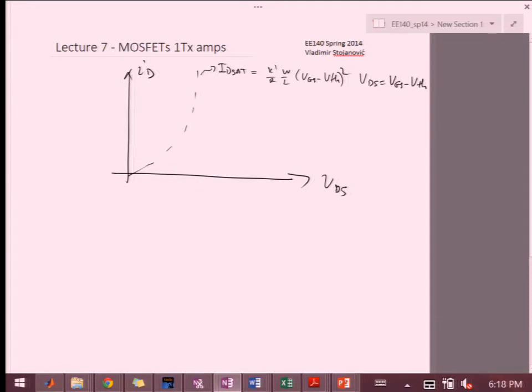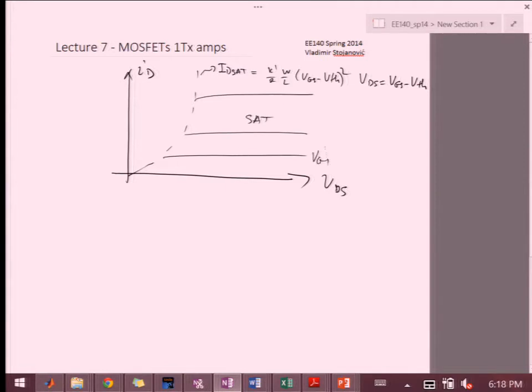That's why we can draw it on this diagram; otherwise we wouldn't be able to draw something as a function of VG on an axis that's VDS. In this region we have nearly constant current as a function of VDS, ignoring the early effect a little bit, and that region is called saturation.